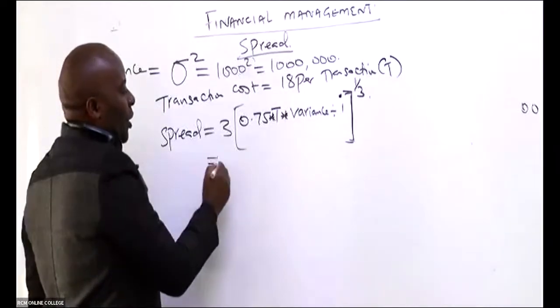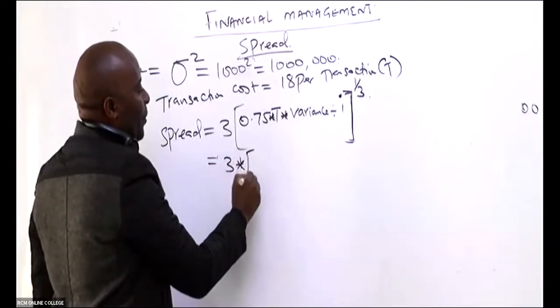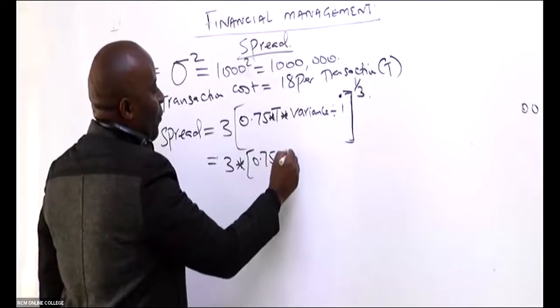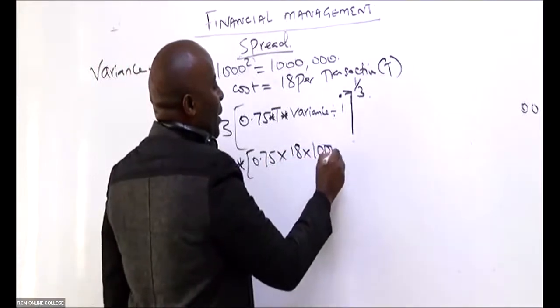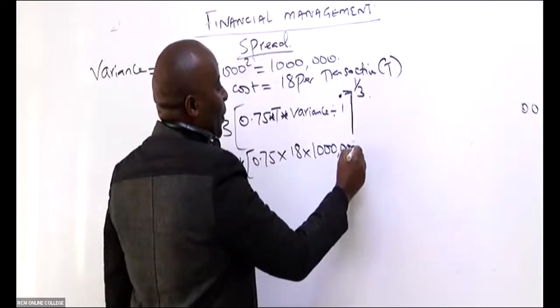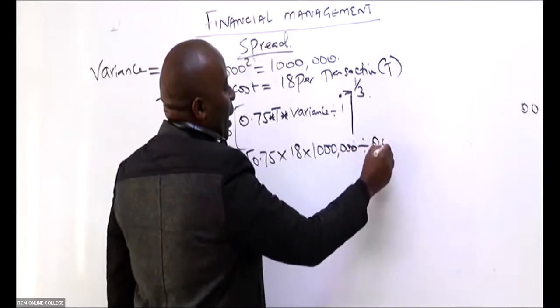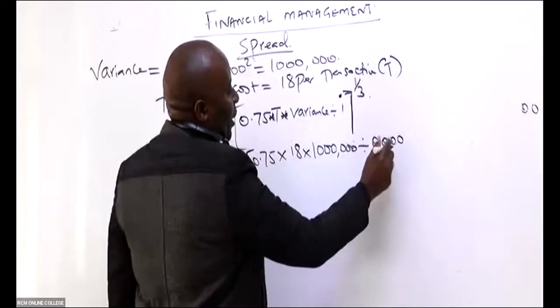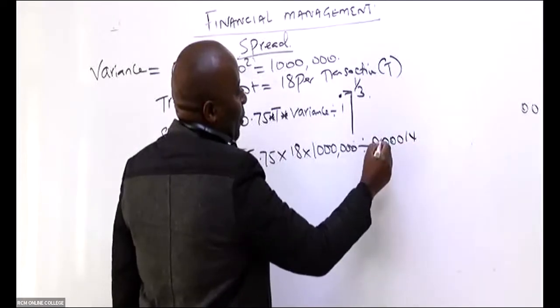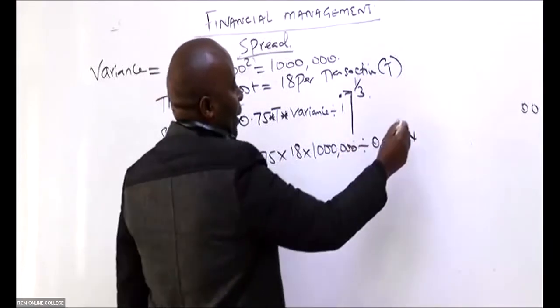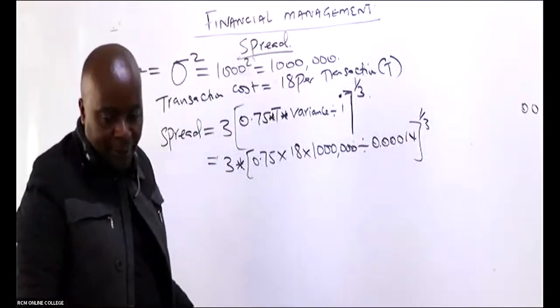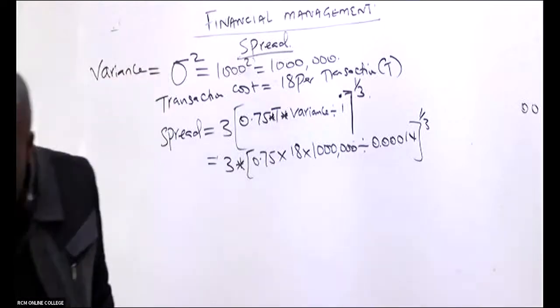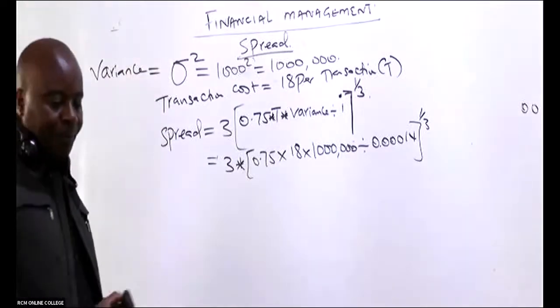So this will be 3 times 0.75 times 18, times our variance of 1 million, divided by our I, which was 0.00014. And then whatever we get, we raise this to a third.